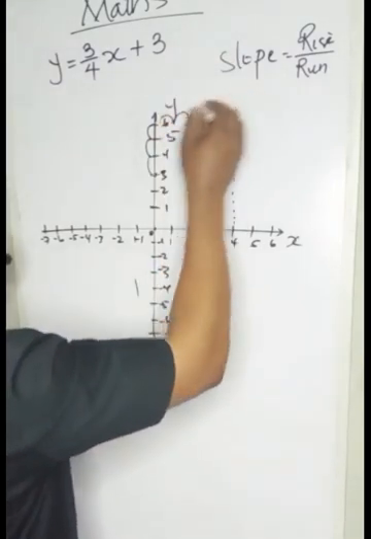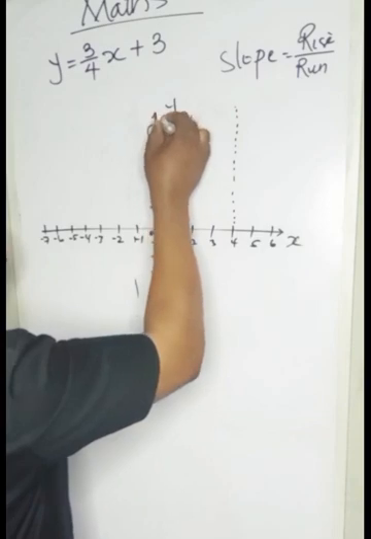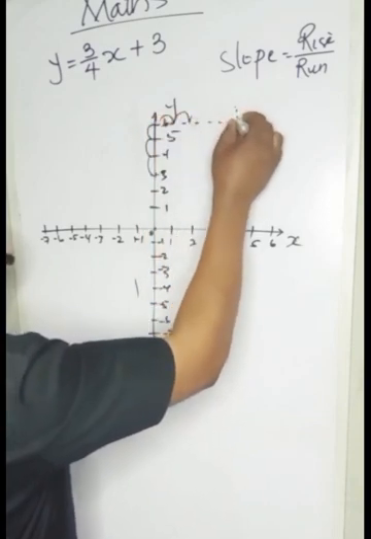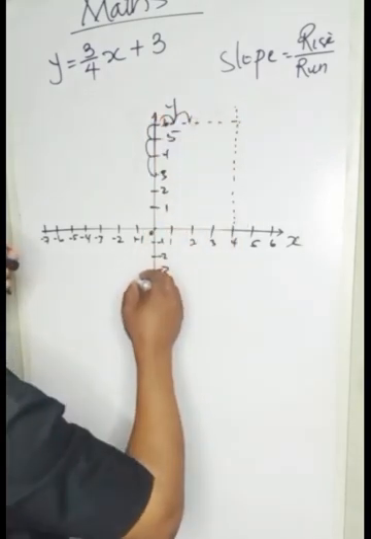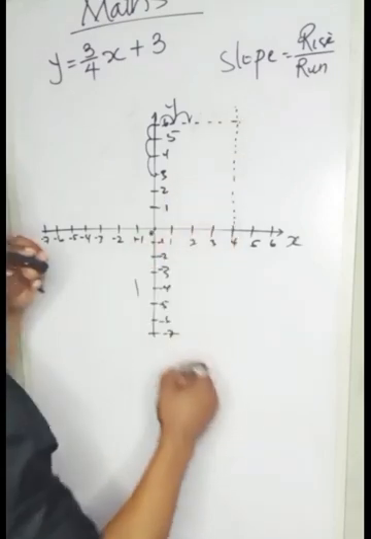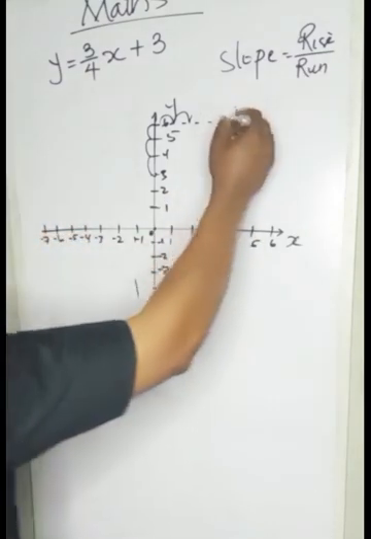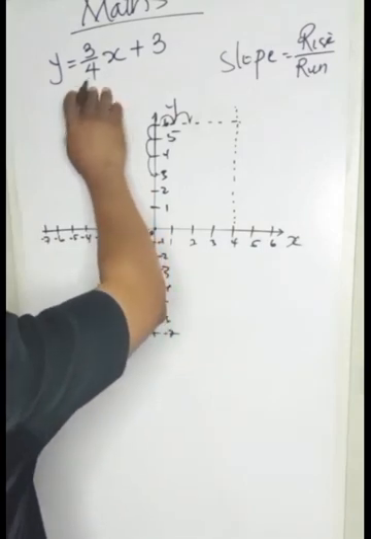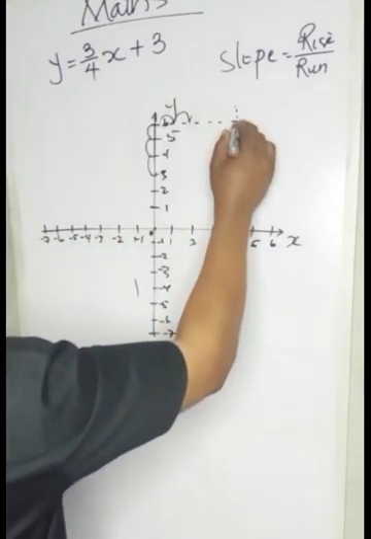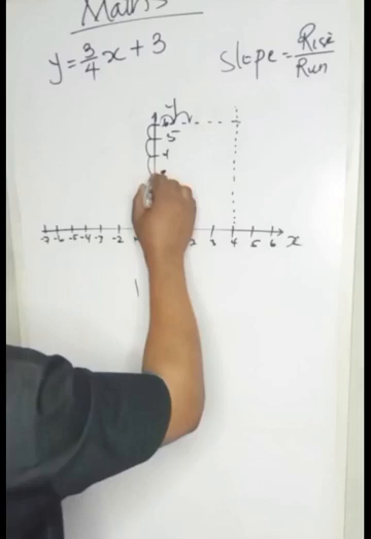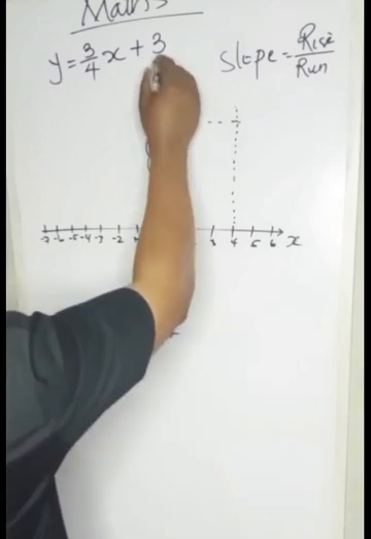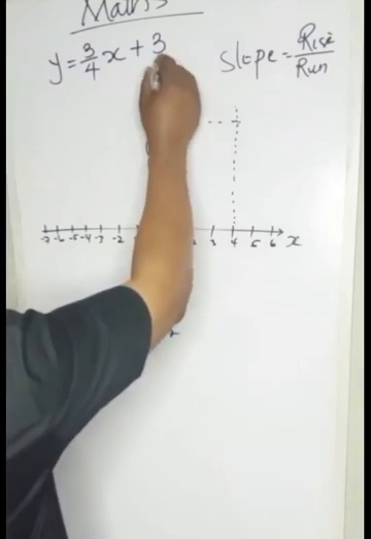So this is coming here. Rise, run is coming this way. So now this is where we're having the slope. So I'm going to draw this and link this up to this point of intersection, that's the y-intercept.